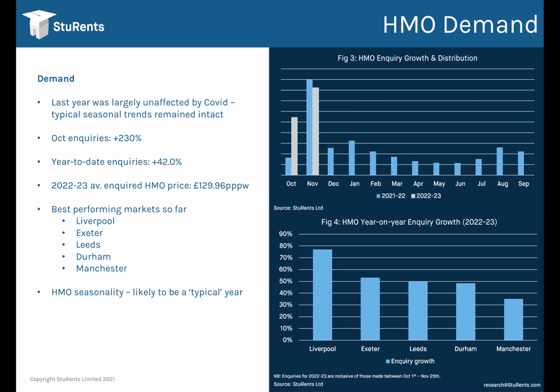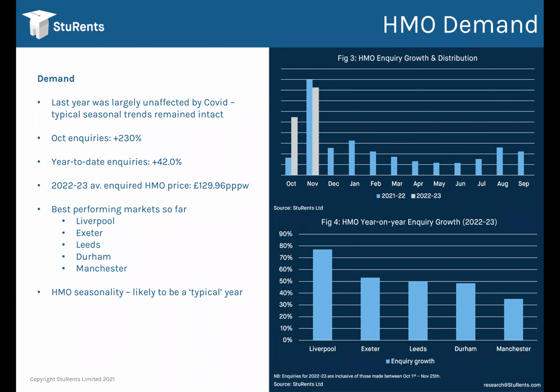In terms of which markets are performing particularly well, obviously it's still relatively early in the season, so we can't draw too many firm conclusions at this stage. But we've picked out some of the markets that are showing strong year-on-year growth in inquiry numbers: Liverpool, Exeter, Leeds, Durham and Manchester. In somewhere like Liverpool, for example, so far this year, we've seen a 77% increase in inquiries for HMO accommodation.